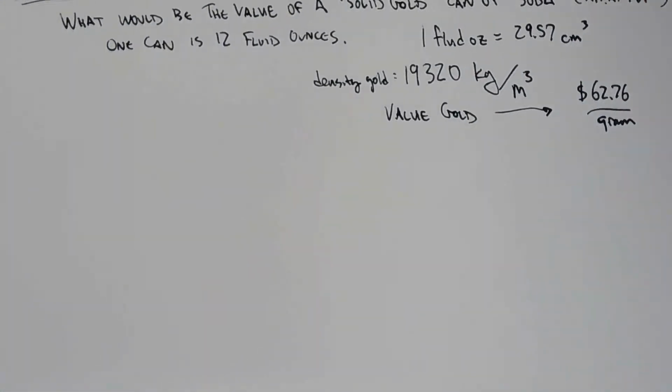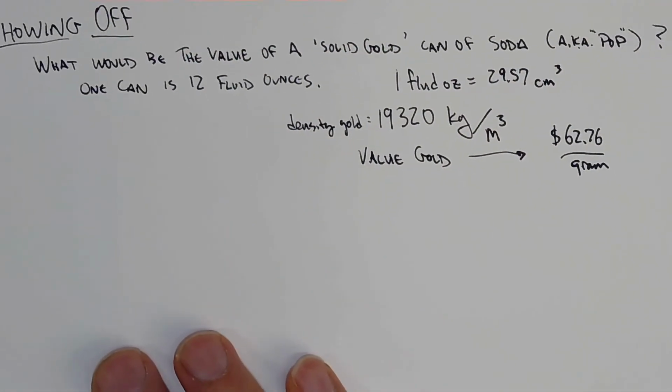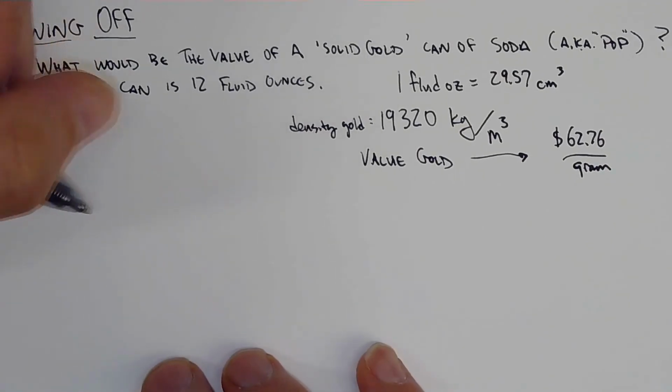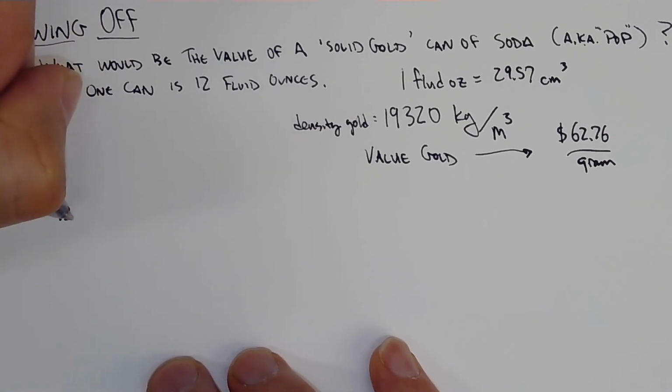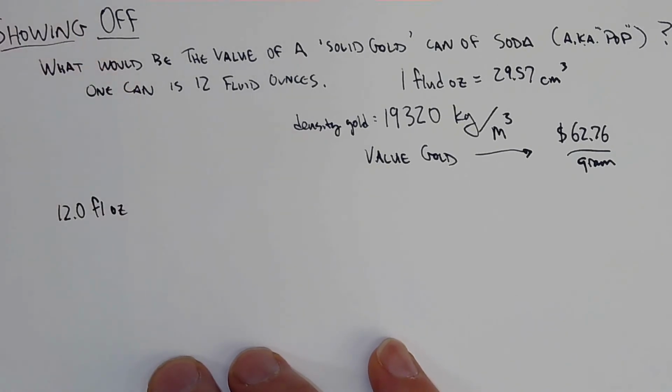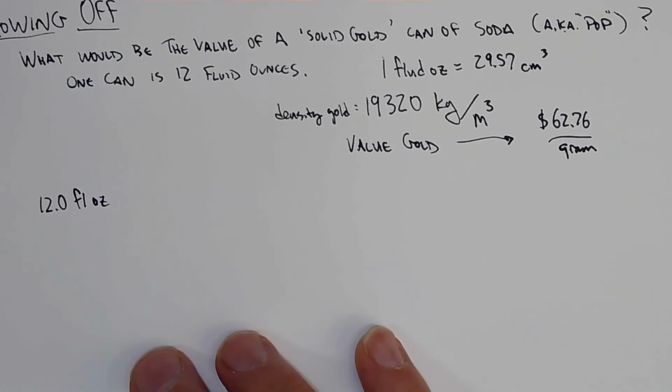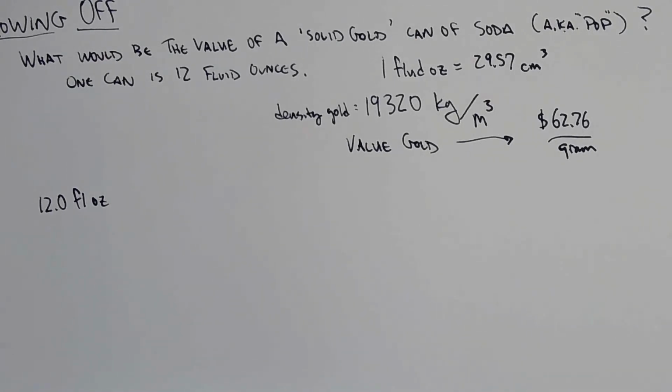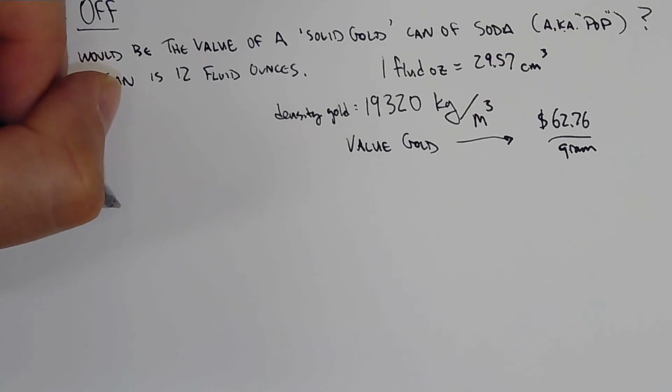Okay. So, step number 1, I'm just going to write 12 fluid ounces. I'll give it a little extra precision there. Now, I'm not going to predict exactly how many fractions we're going to need for this because, again, I'm making it a little long just for demonstration's sake.